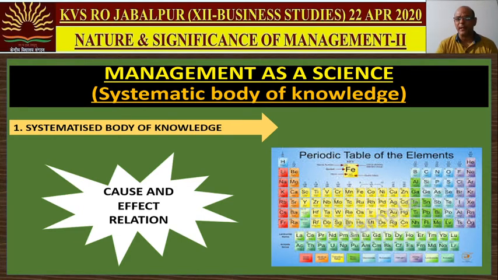Same thing happens in management also. There are principles based on observation by Henry Fayol. There are 14 principles which are simply based on observation, and there are principles propounded by F.W. Taylor which are called scientific principles. They are clearly based on experimentation. So dear students, according to first point, that is systematic body of knowledge, yes, management is a science.